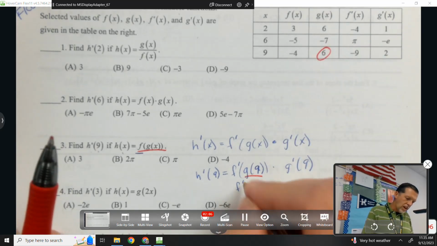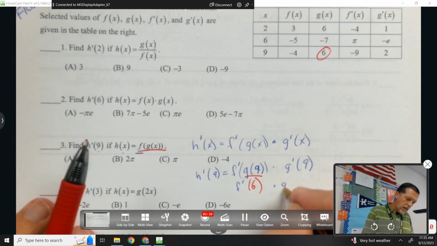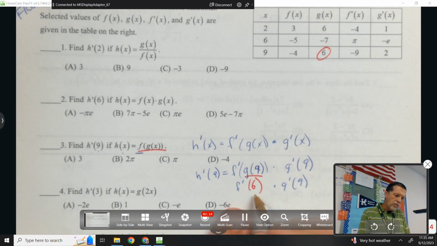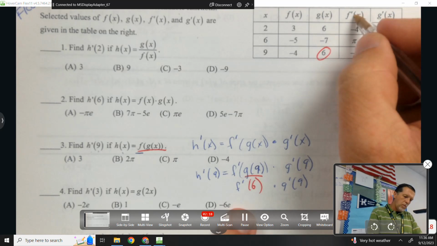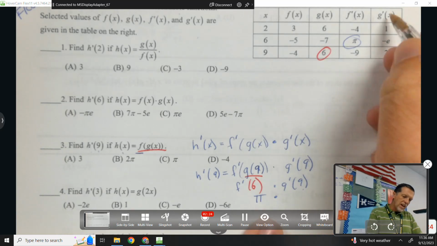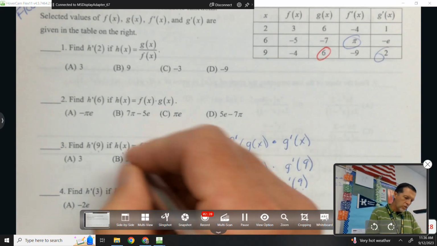So then I need f prime of 6 and g prime of 9. So f prime at 6 is pi, and g prime at 9 is 2, so 2 pi.